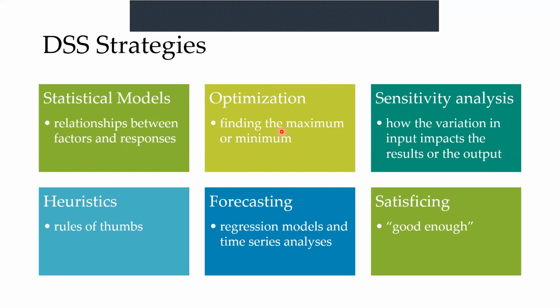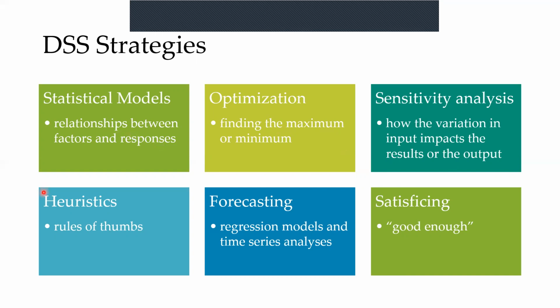For example, we want to maximize profit or minimize the input of raw materials. And then we have sensitivity analysis. It shows how the variation in the input impacts the results of the output. It is used for what-if analysis.